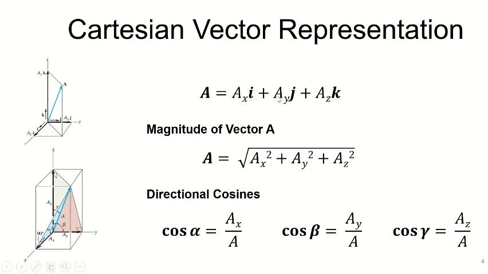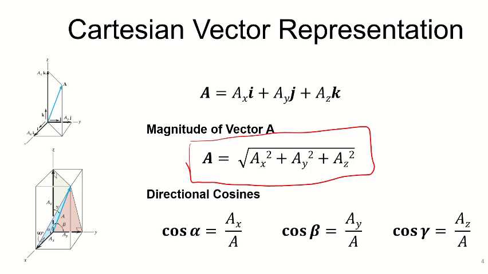Ay is the magnitude of the vector in the y direction, and Az is the magnitude of vector A in the z direction. So the magnitude of vector A can be expressed as this expression: the positive square root of the sum of the squares of its components, Ax squared plus Ay squared plus Az squared, square root.